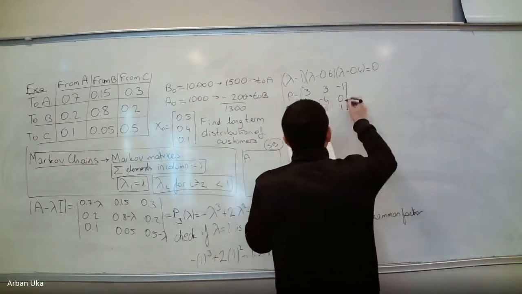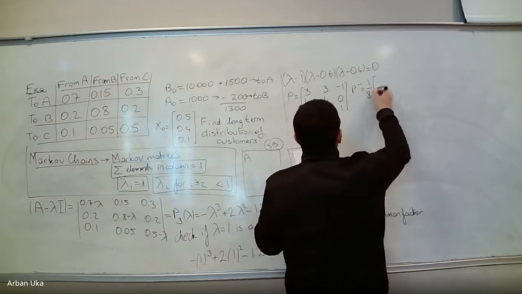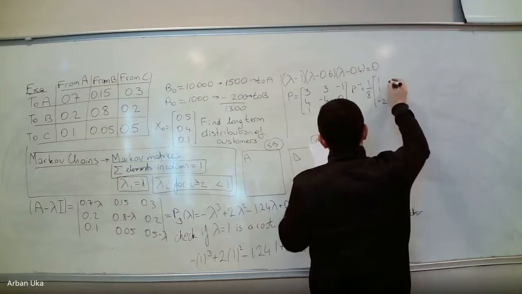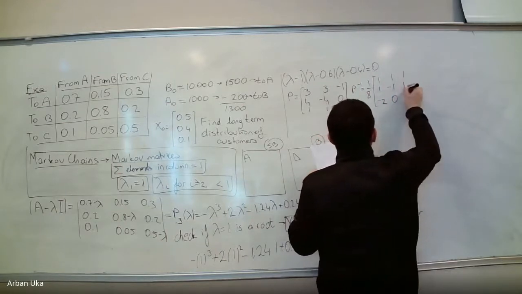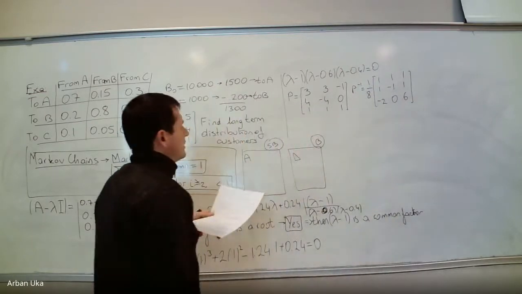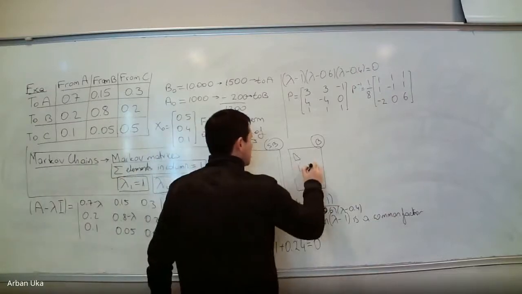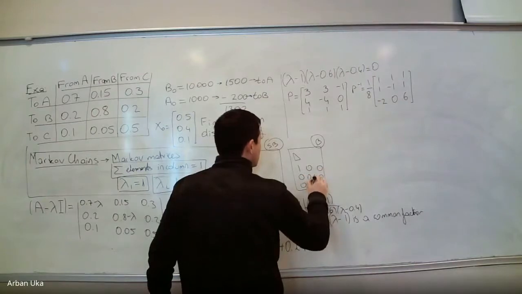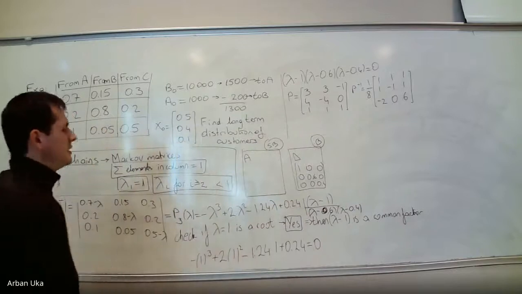Then the P inverse is equal to 1 over 8, 1, 1 minus 2, 1 minus 1, 0, 1 minus 1, 0, 1, 1, 6, 1, 1, 6. Then the diagonal matrix, this is relatively easy because it's going to be 1, 0, 0, 0, 0.6, 0, 0, 0, 0.4. So this is how we can write it in here.